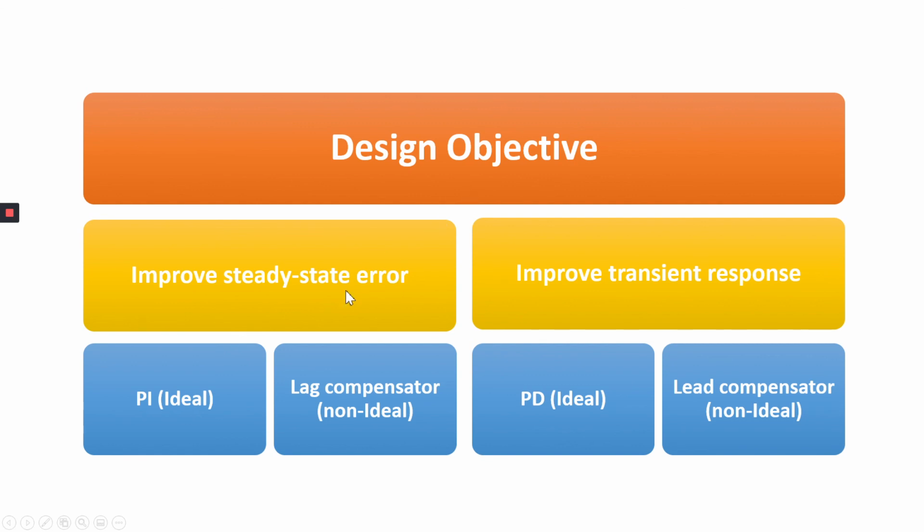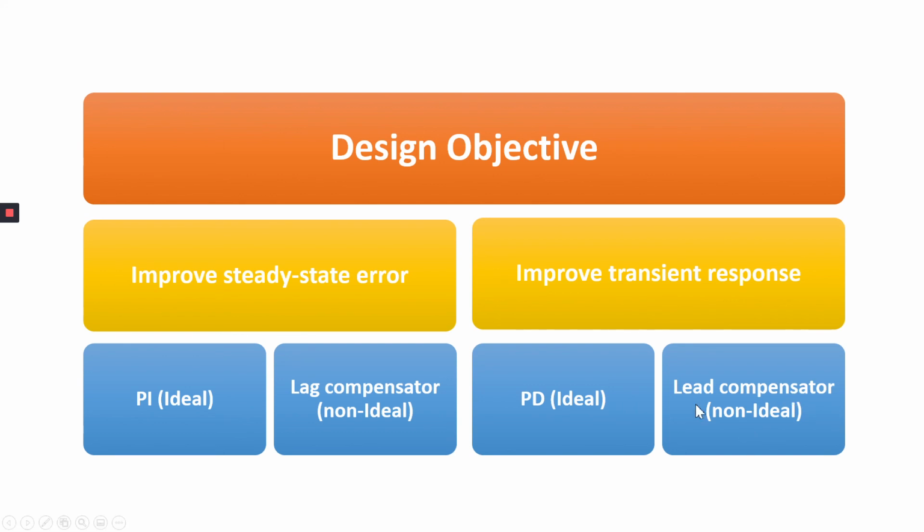So back to the design objective. If we want to improve steady state error, we can use a proportional integral compensator from ideal compensator or lag compensator from non-ideal compensator. Otherwise, if you want to improve transient response, we can use proportional derivative from ideal compensator or lead compensator from non-ideal compensator.